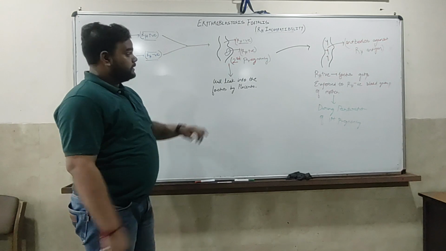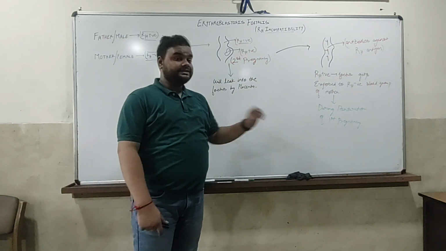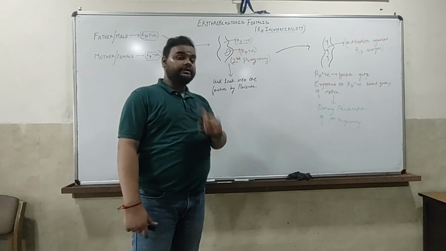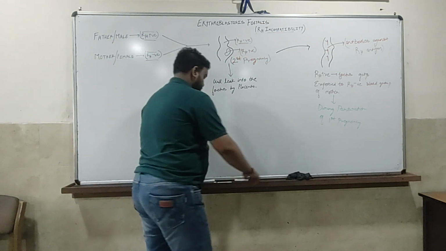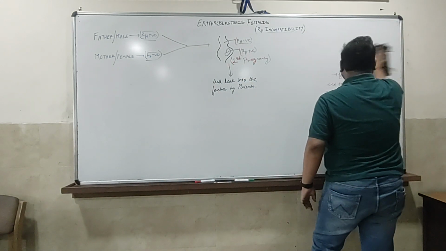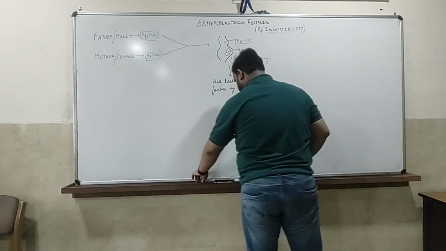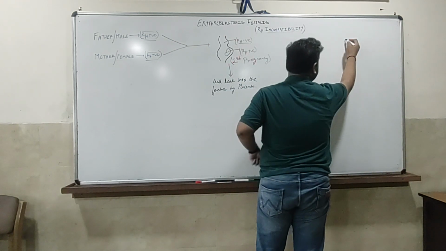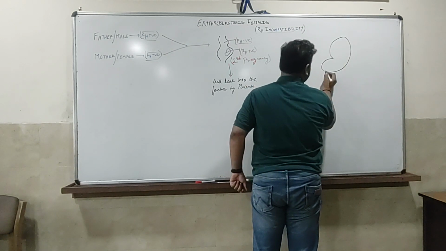Now what will happen? These antibodies are against the Rh antigen. The Rh antigen is present on the surface of the fetal RBC because the fetus is Rh positive. Suppose this is our fetus in the mother's womb.